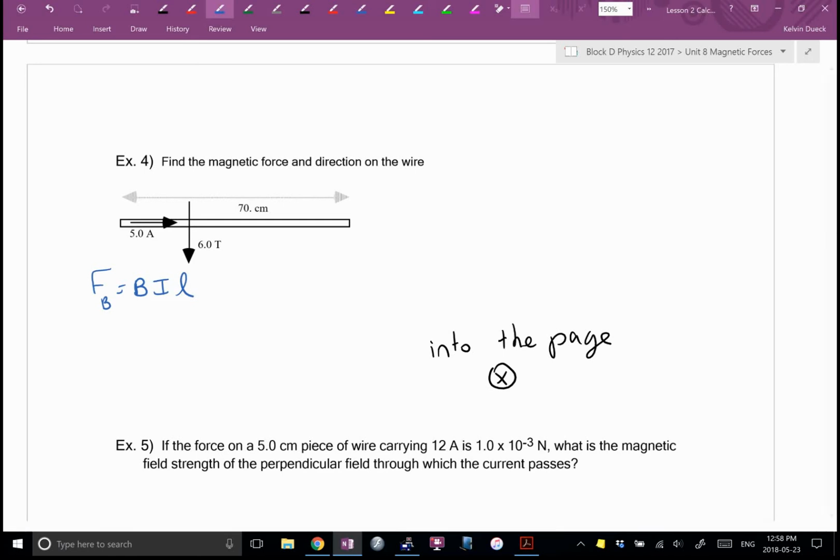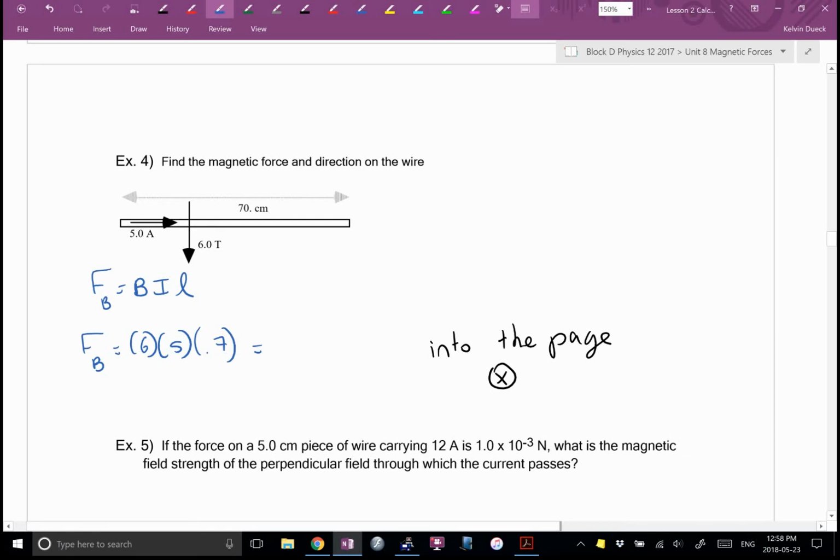And again, notice the magnetic field, the current, and the length are all at right angles to each other. Magnetic field is 6, current is 5, and the length is 0.7.